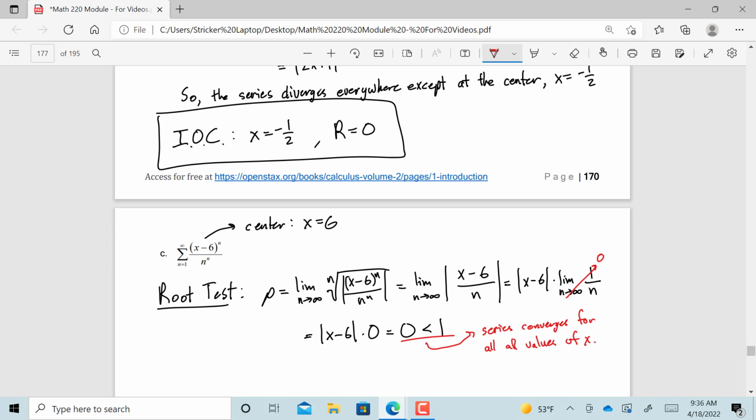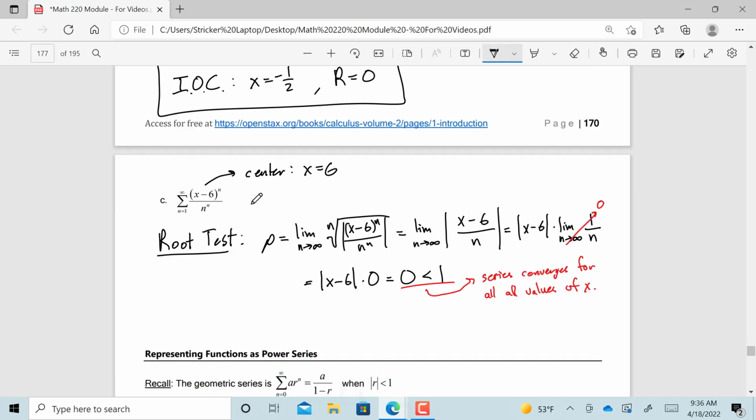Okay, so what does that mean about our interval of convergence? Remember, it converges for all values of x. So that means our interval of convergence is negative infinity to positive infinity. And it means our radius must then be infinity.